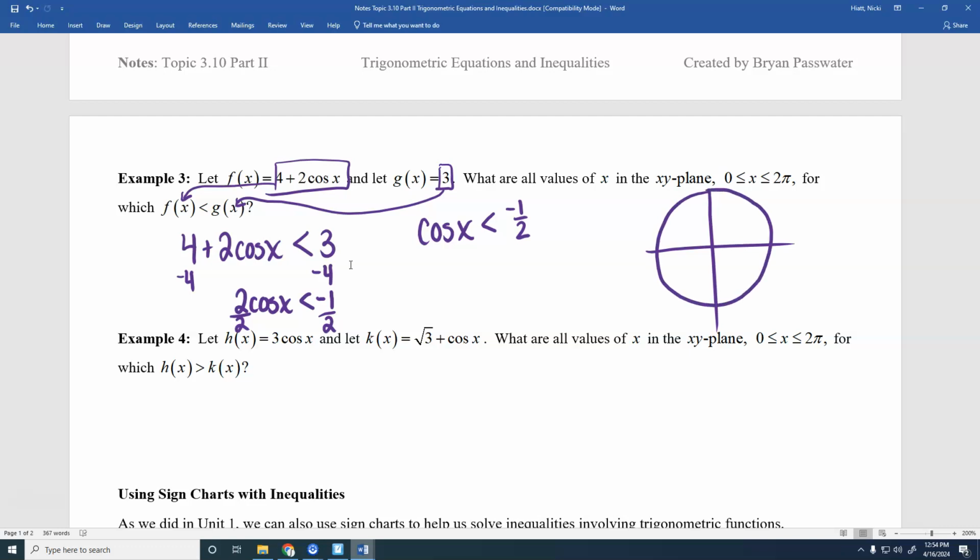And we need to know where cosine x equals negative 1/2. Cosine's our x-coordinate. Where does cosine equal negative 1/2? 4 pi over 3 is one of them.